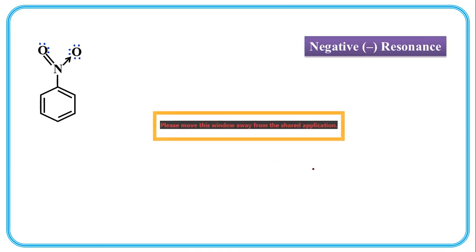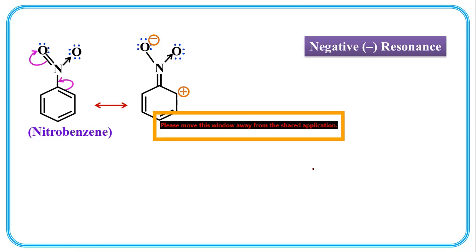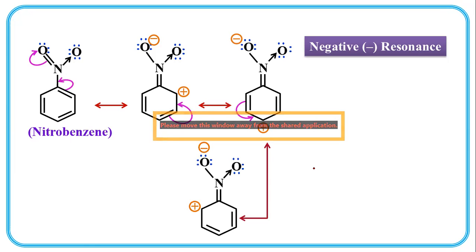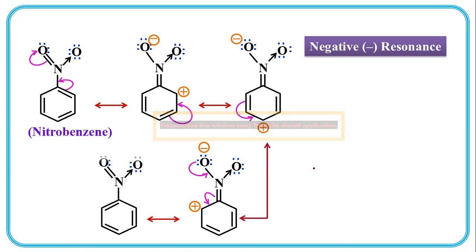Now negative resonance, nitrobenzene. So this way it gives 5 structures of nitrobenzene.